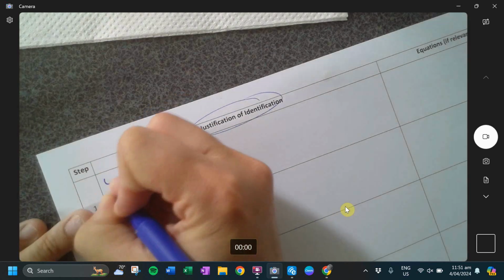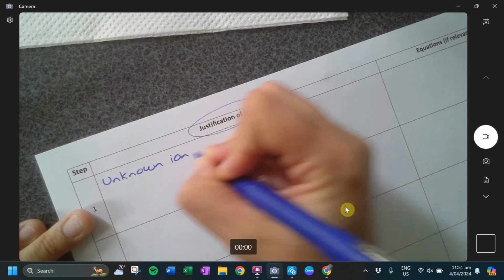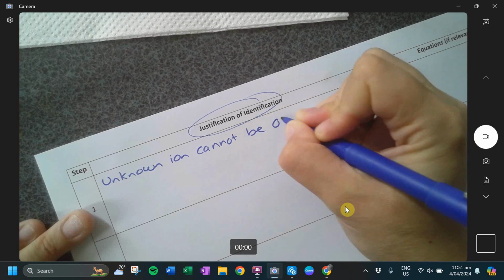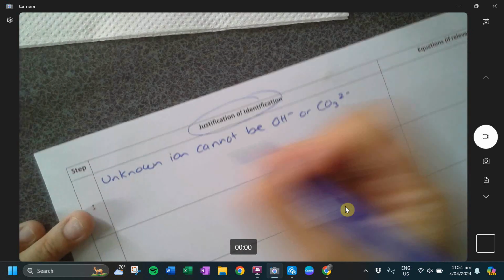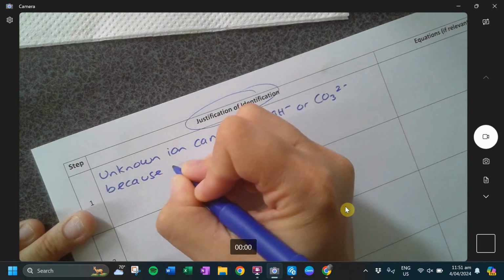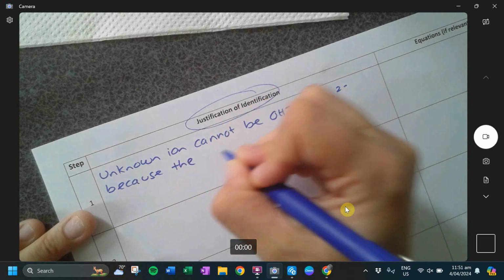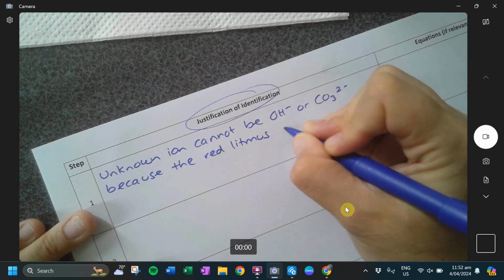So, unknown ion cannot be OH minus or CO3 2 minus because the red litmus did not turn blue.